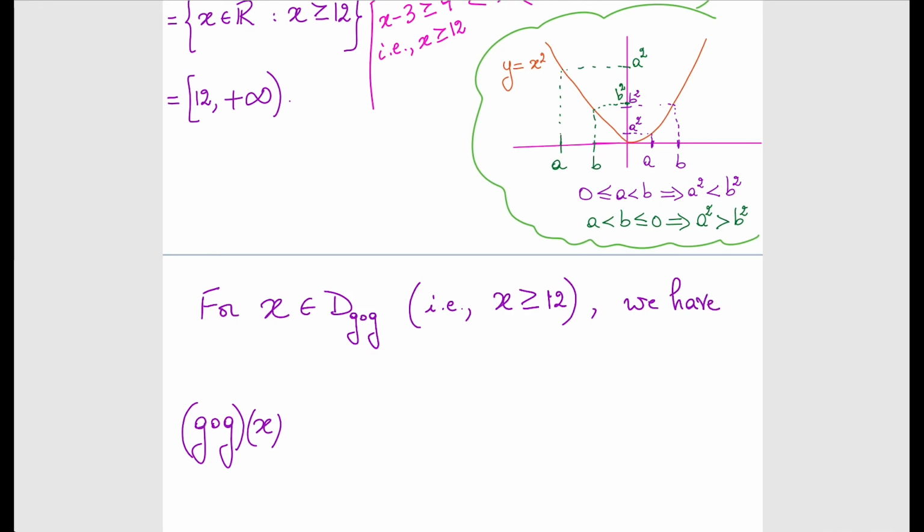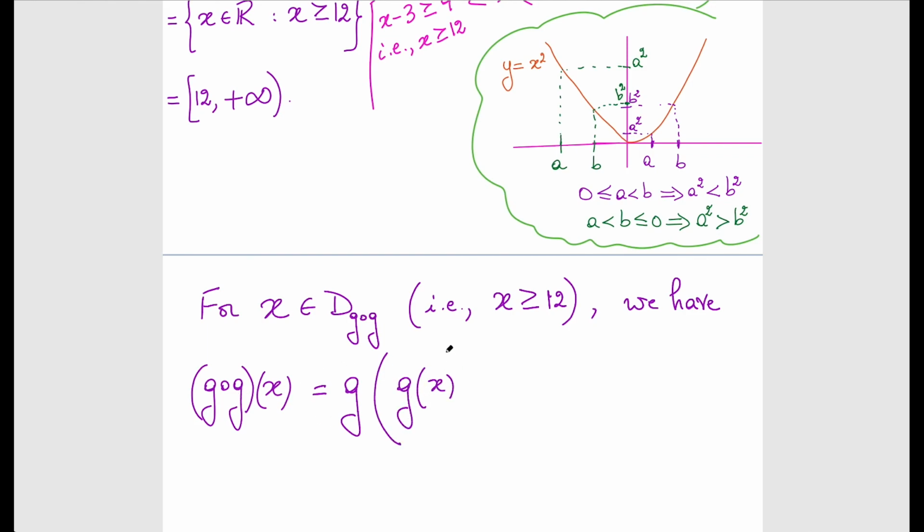And what's the output? It's gonna be G composed with G acting at X, which is equal to G acting at G of X, right? Correct? So G of X is gonna produce an output, it's gonna send it back to the function G, and the full output is gonna be the output of the composite function.